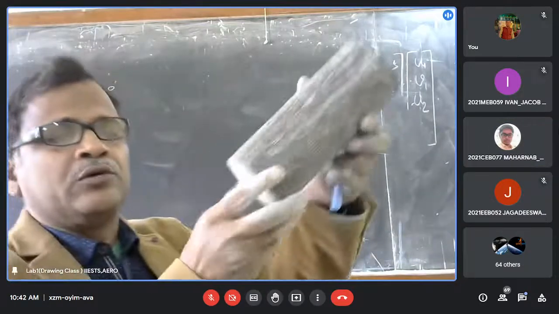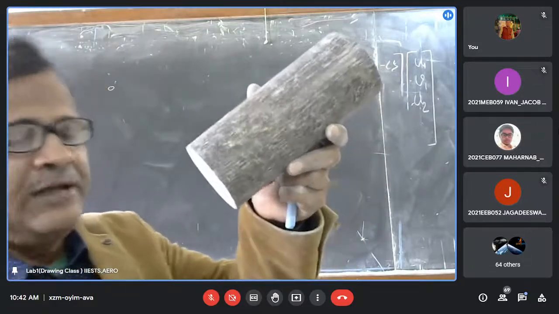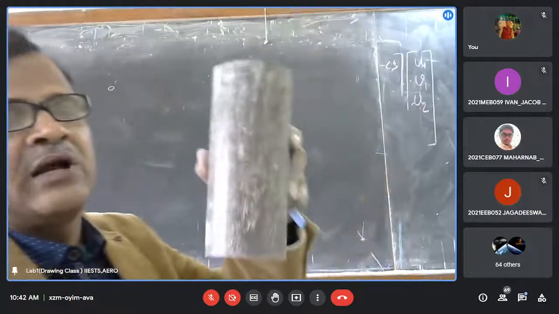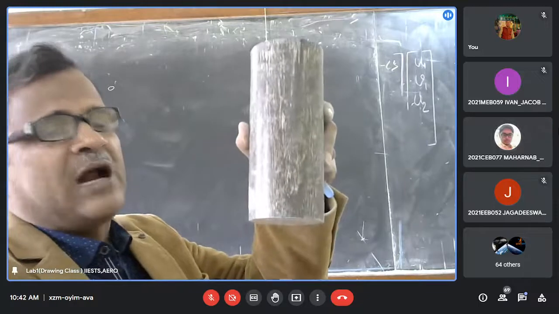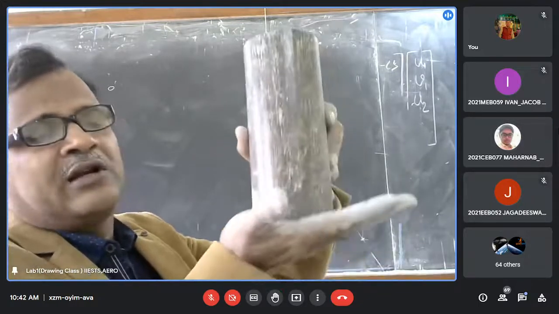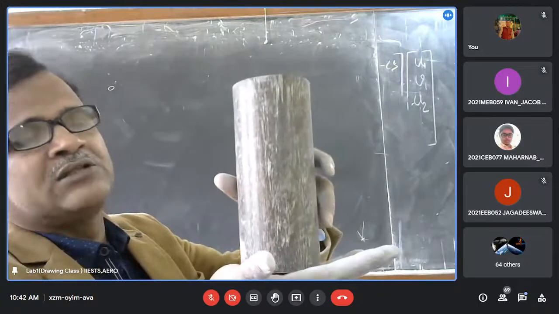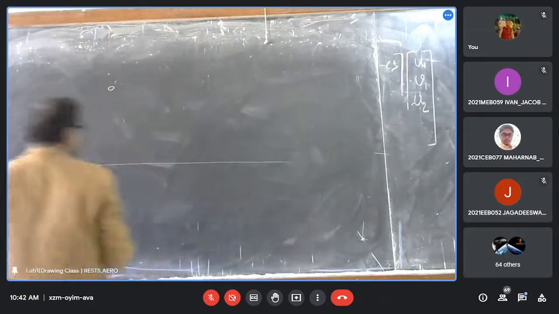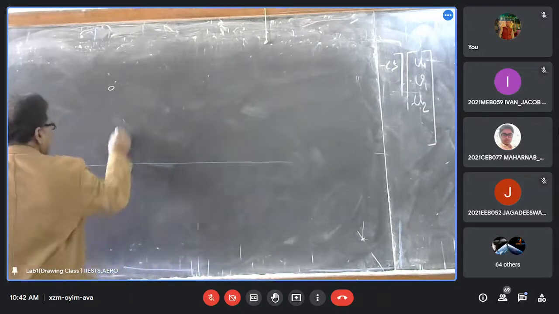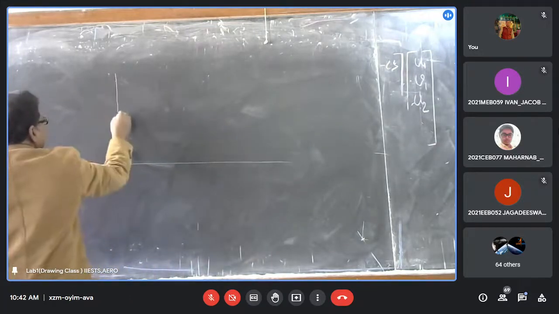So this is your cylinder. What is it telling? Initially, you start with it resting on the horizontal plane, okay, with its circular base. Then you start. Draw the axis.